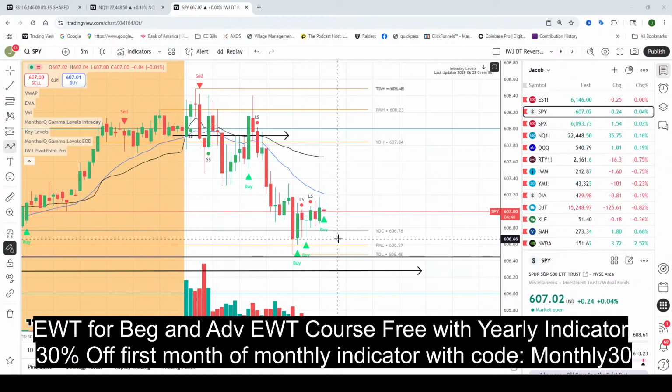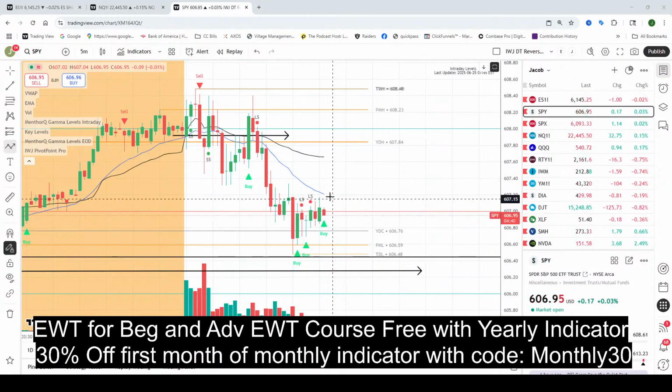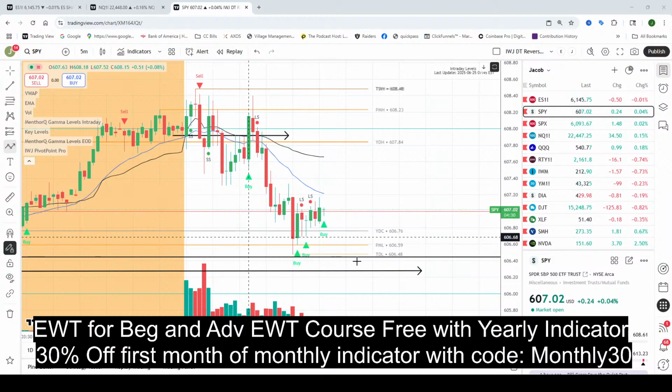We don't want to let them come all the way down here for the stop and eat all that extra loss. We were also pretty close to our take here. We got within about 5 cents, and if they come back up into that area and we're close, we may take some profit there as well.